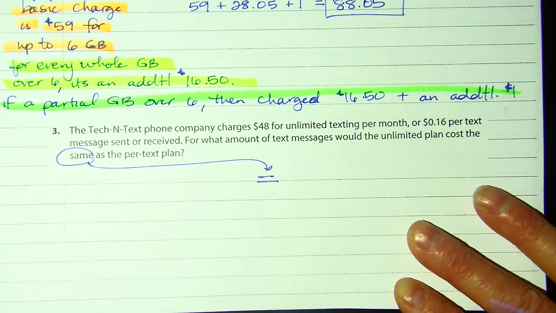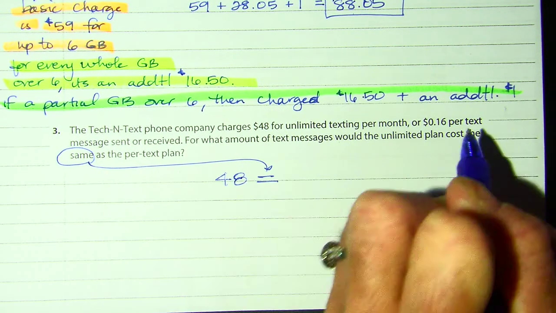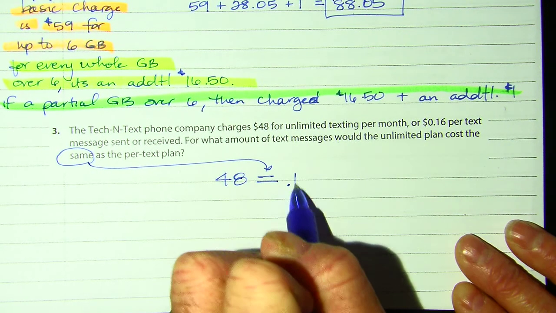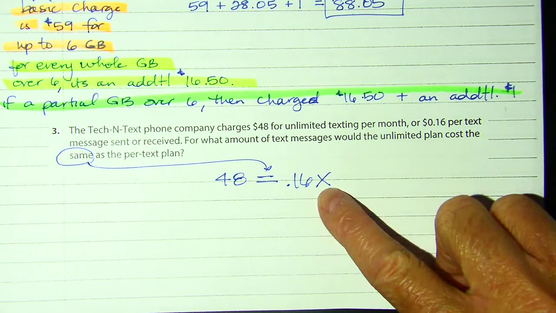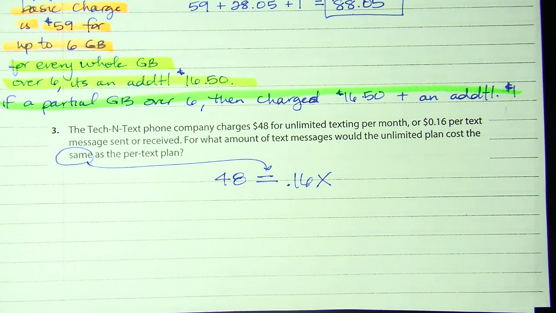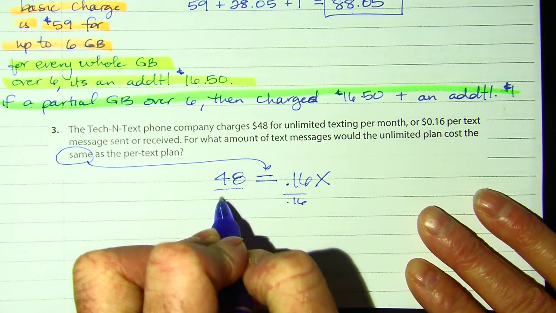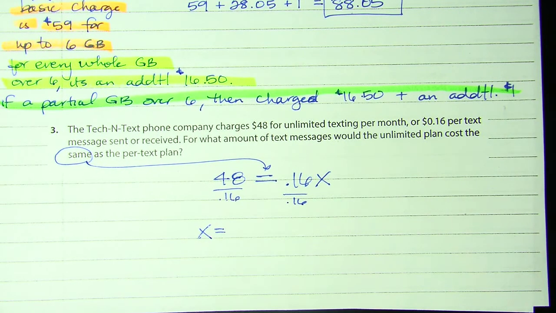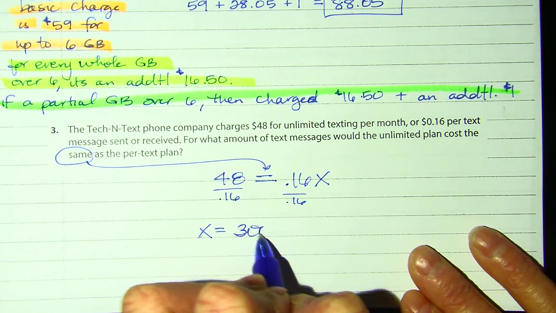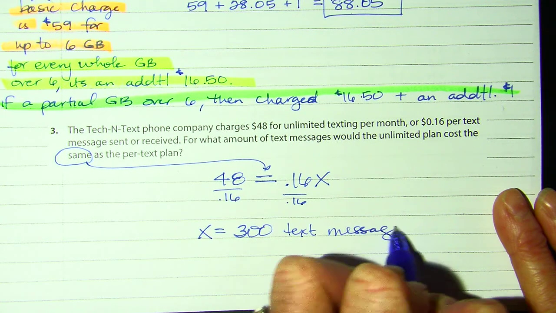So on one, I would be charged a flat $48. The other plan is 16 cents per message. So X being per text message. So if I want to know when these are equal, I'm solving for X, so divide both sides by 16 cents. And the amount of messages that would make these two plans equal is 300 text messages.